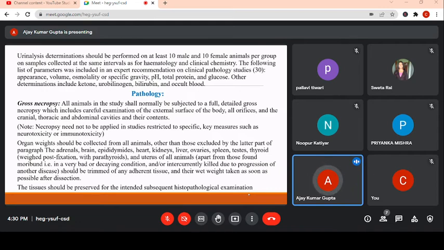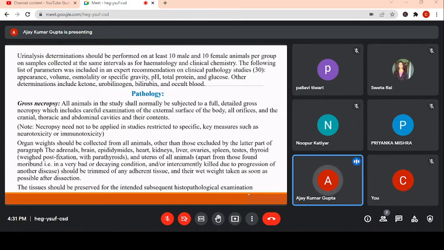So the adrenals, brain, epididymis, heart, kidney, ovaries, testes, thyroid, and more. The animals which are killed due to the progression of another disease or an infectious disease are excluded, and for all the rest this is applied.